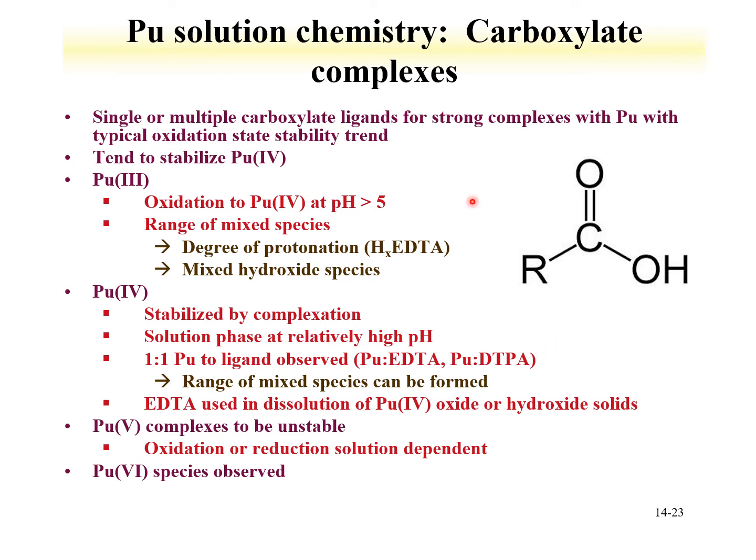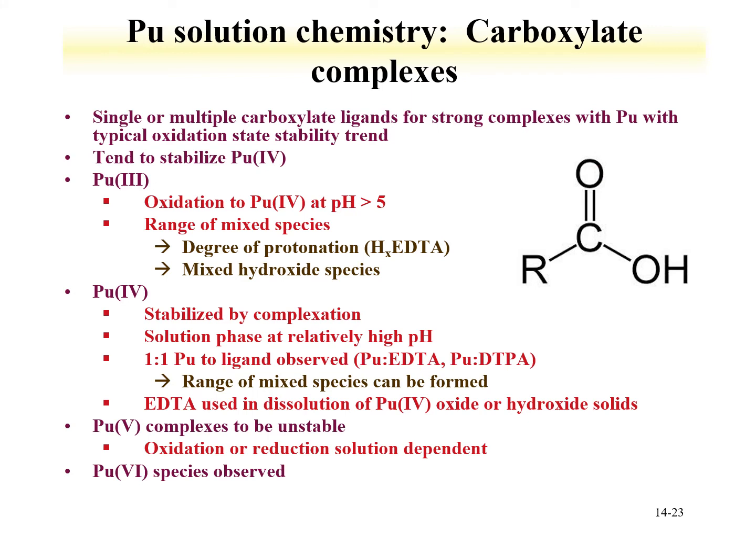Any organic acid, though, with this functional group will have these similar properties. Plutonium-3 carboxylate species tend to oxidize to the 4, and a range of species have been identified, including mixed hydroxide species. So you may have a plutonium bound with a hydroxide bound with this carboxylic acid.